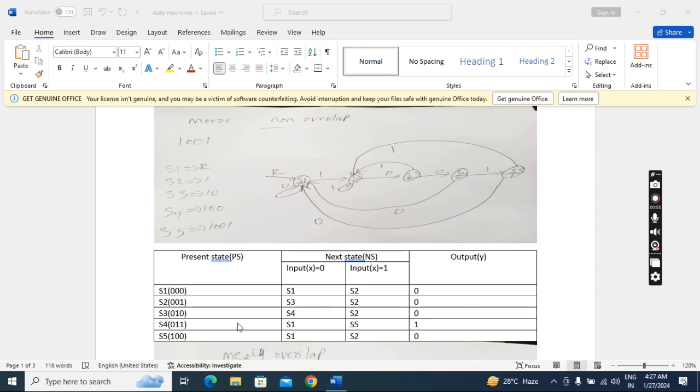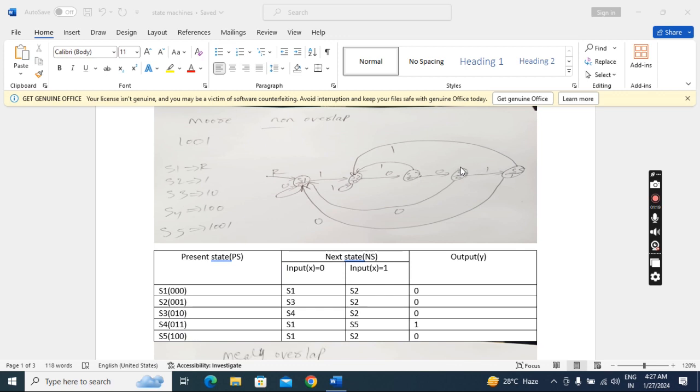Now see, I am at S1, the present state. When input is 1, I am going to S2. But when input is 0, I am at S1 only. Here the pattern is not detected, that's why 0. We'll see this combination.